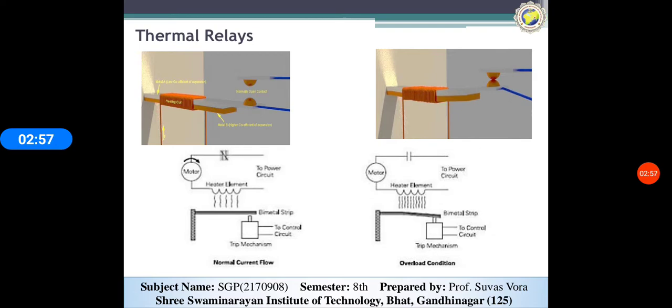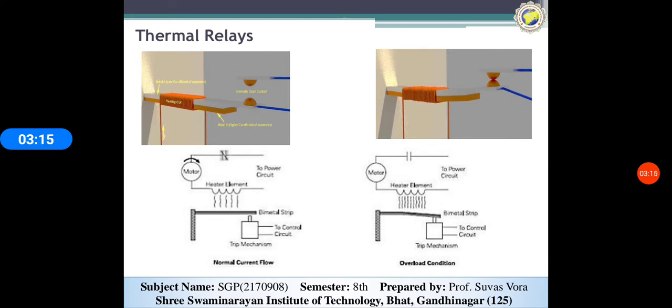You can see in the figures how the thermal relay works. This one is normally open, and in the second figure you can see it is normally closed.